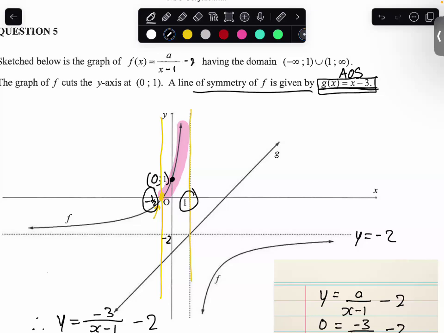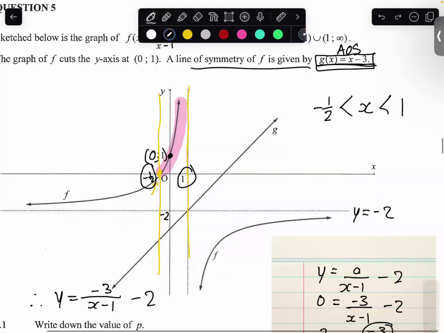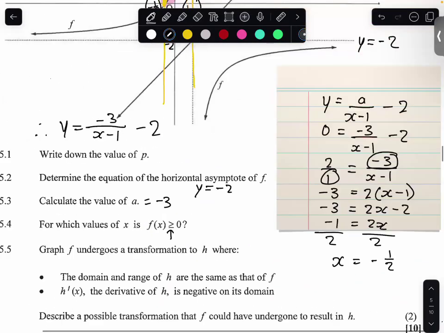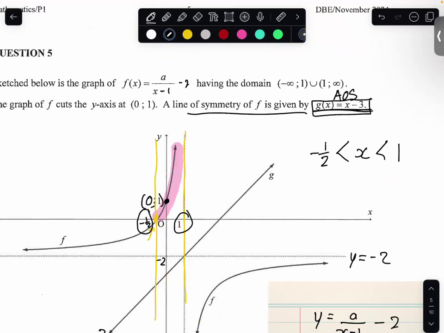How do we write that? We write minus a half, x in the middle, 1, and the inequalities must face the same way, both of them. You don't have one this way and then one that way. That's not right. Both of them must face the same way as long as the smaller number is on the left. Okay. And then this question had an equal to. So that begs the question, do both of the inequalities get an equal to?